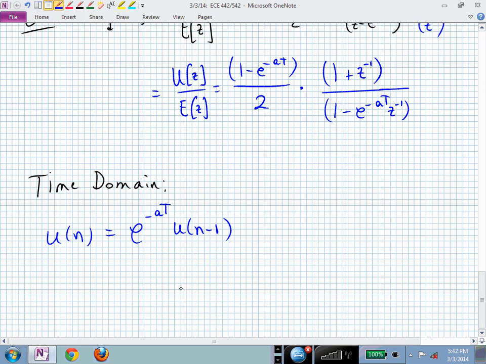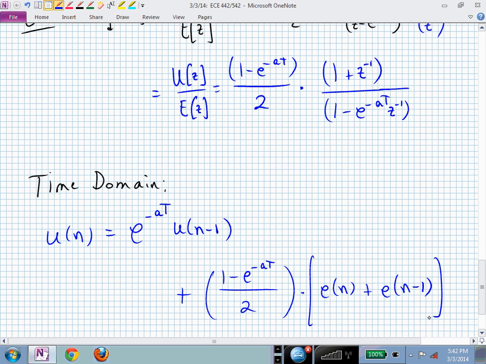And I now have something that is a scaled version of two terms involving E. One is E of n, and one is E of n minus 1, based on that 1 plus z to the minus 1 in the numerator. And they're both scaled by this scaling factor. When I fix A and T, this is just a number. And I now can multiply that by E of n plus E of n minus 1.